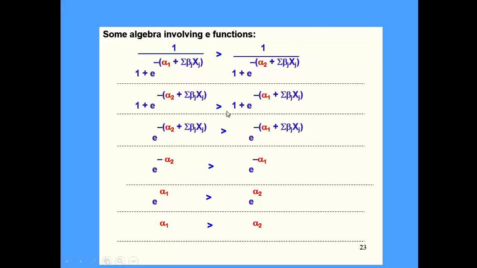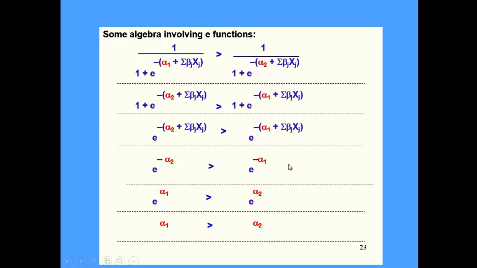And then you go on. Well, you look at this thing. If this is true, then this next statement has to be true, right? Because the only difference between what's here and what's here is there's a 1 here and there's a 1 here. It's the same 1. So this has to be true, okay? Well, if that's true, and the only difference between what's here and here is the same extra term, I can write e to the minus alpha sub 2 is greater than e to the minus alpha sub 1.